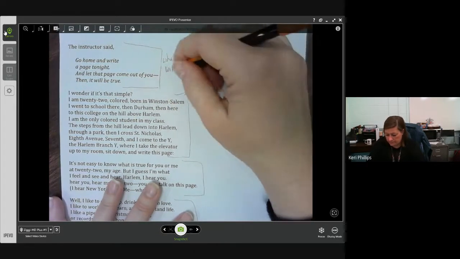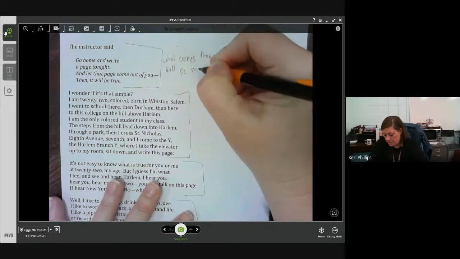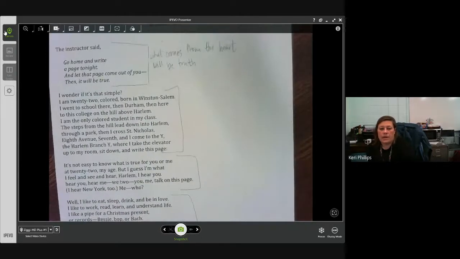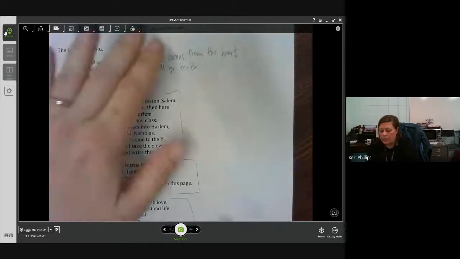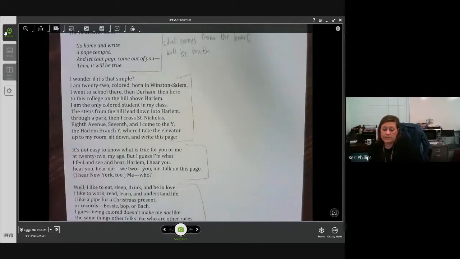So I wrote down what comes from the heart will be truth. Okay, so this is an overlying idea. And so we should wonder if what he writes is truth.